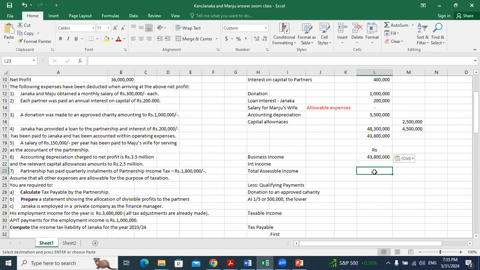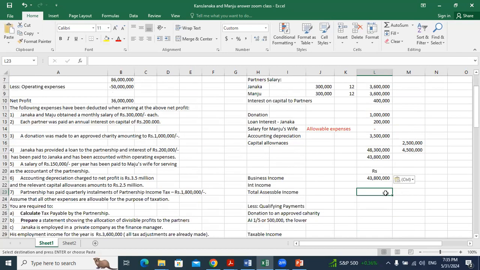Thereafter, we have interest income from one other source. This is 2 million, so we have to take that 2 million. This summation is the total assessable income.